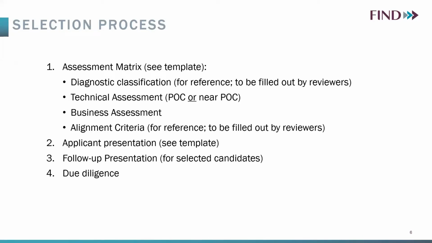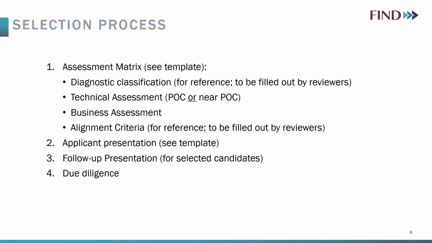For each submission, you may only be considered under one of these 2 technology classes. The next tab is the business assessment, which also needs to be completed. And then the last one is the alignment criteria. This is provided again just for reference and does not need to be completed.